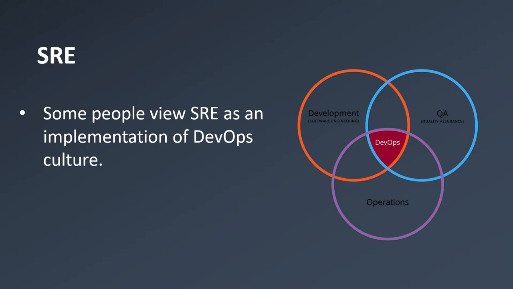But nowadays, SRE and DevOps are part of the developer's role. Each developer has to have this SRE capability and has to know the DevOps culture, right? That way it's not a separate department.